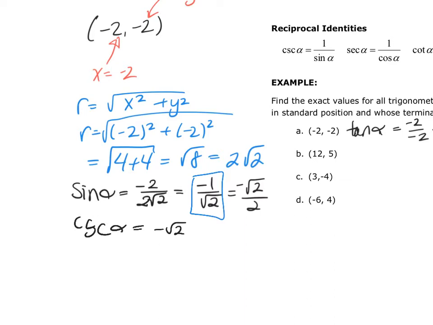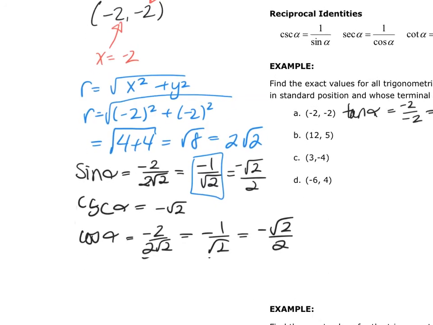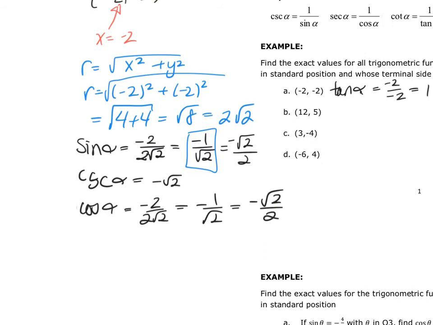Now I'm going to do my cosine, which is going to be my -2 over 2 root 2, which is -1 over the square root of 2, or if I want to rationalize, negative square root of 2 over 2. Once I have my cosine, of course, I have my secant, which is negative square root of 2.